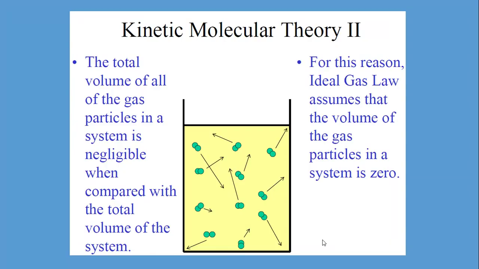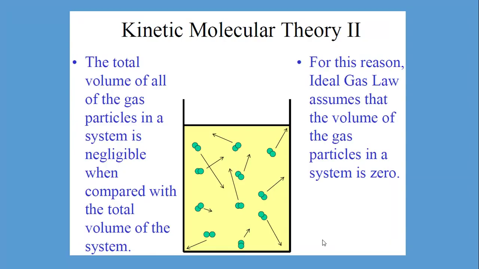That's why, when we do mole conversions, 22.4 liters of any type of gas is equivalent to 1 mole, because that's about the size that 1 mole of any gas takes up. But ultimately, we look at the system or the container for the volume rather than the volume of the gases themselves, because the gases themselves have a negligible volume.